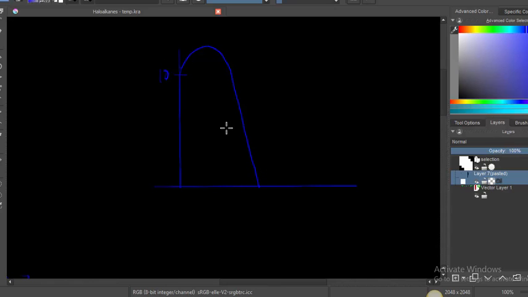Because it's a quadratic function, we have that change in y is equal to initial velocity times t plus a half a, or g in this case, times t squared.